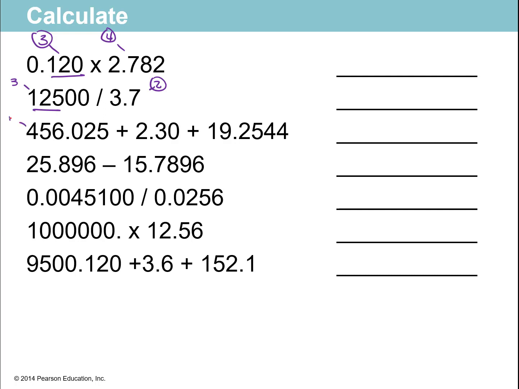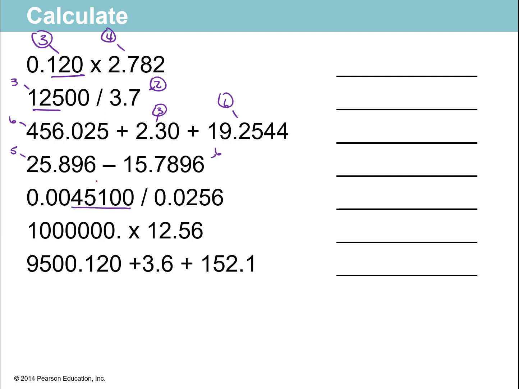456.025? 6. 200 or 2.30? 3. Right? The 0 at the end is significant because there's a decimal. 19.2544? 6. All of them. Those ones you never miss. 25.896? 5. 15.7896? 6. All right, what about this one? 0.004510. 5, right?